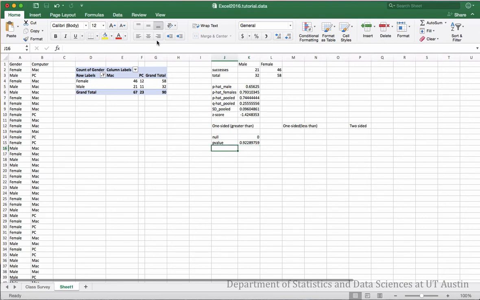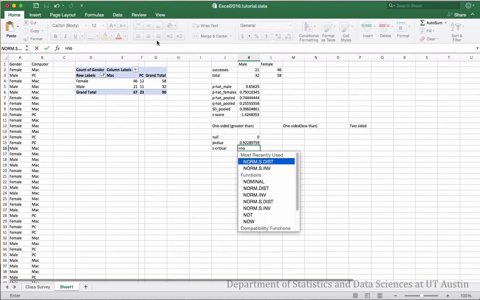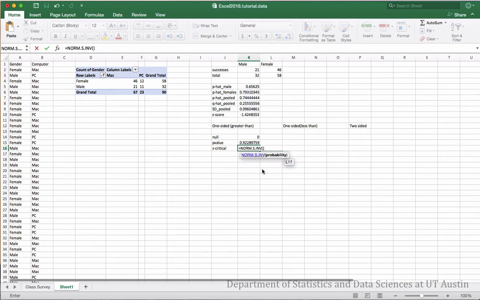We could also get a z-critical. Here we would use equals NORM.S.INV. Now remember, we want the upper 5%. Why 5%? Because our significance level is assumed to be 5%. But Excel only gives us the left-hand probabilities, so the upper 5% is the same as the lower 95%. So our critical value is 1.645.